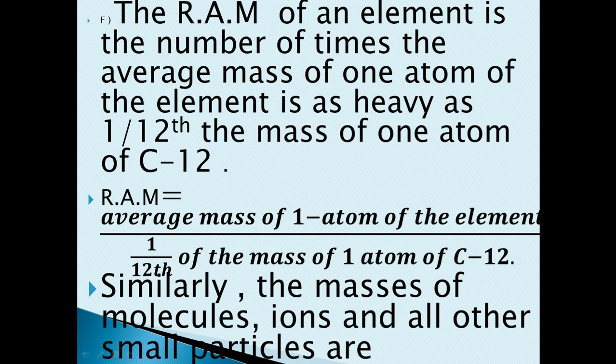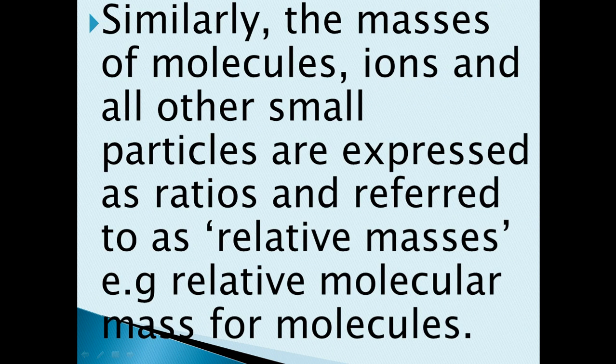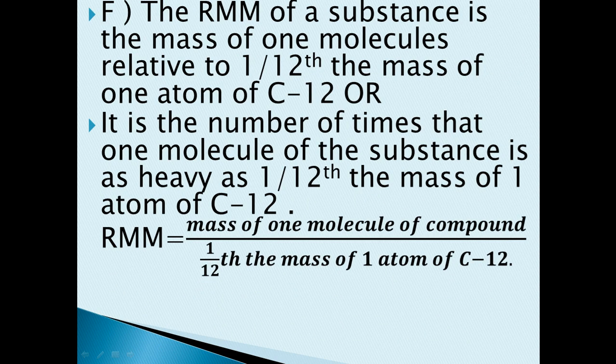Similarly, the masses of molecules, ions, and all other small particles are expressed as ratios and referred to as relative masses, e.g. relative molecular mass for molecules. You simply see the relative molecular mass of a substance is the mass of one molecule relative to 1/12 the mass of one atom of carbon-12.